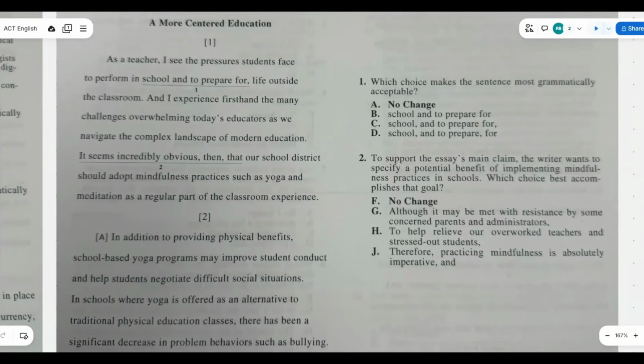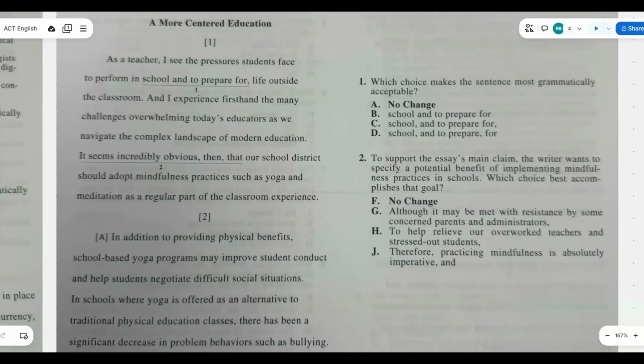As a teacher, I see the pressure students face to perform in school and prepare for life outside of the classroom. So on number 1, I'm looking here first, and I am not seeing what I call my strong punctuation. So we don't automatically have a semicolon or a period to test. Rule of thumb, if you're ever in doubt, please just choose fewer commas.